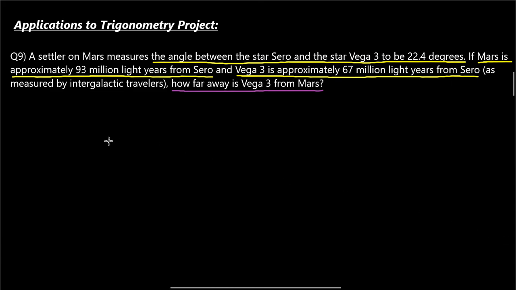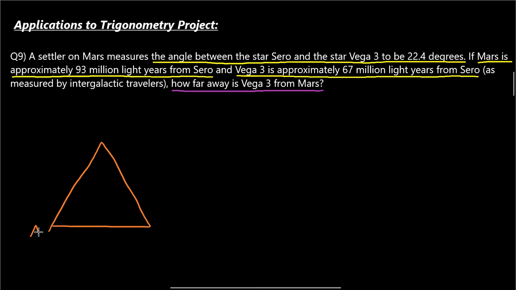This question requires two steps. So let's start by, of course, drawing our triangle. And we're not going to label it the traditional A, B, and C. What we're going to do is use acronyms for Mars, Cero, and Vega, which is going to be M for Mars, S for Cero, and V for Vega.